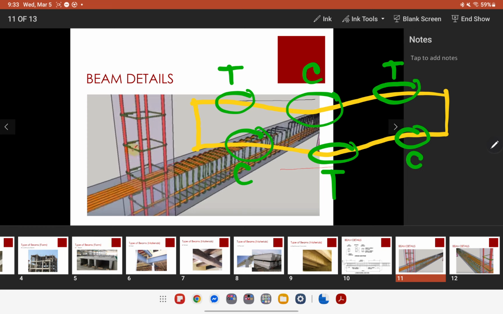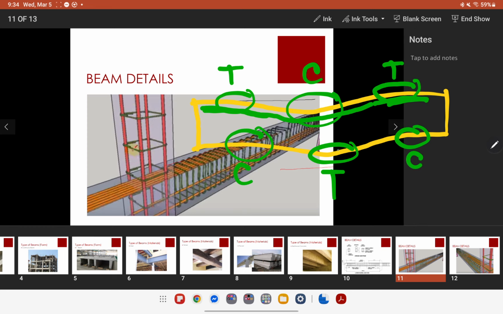So remember, the purpose of having rebars is to control tensile stresses, or reduce the stresses caused by tension. So what we do is we add more rebars in these areas here and here, and then we lessen the rebars in areas where there is compression, because the compression will already be carried by your concrete.